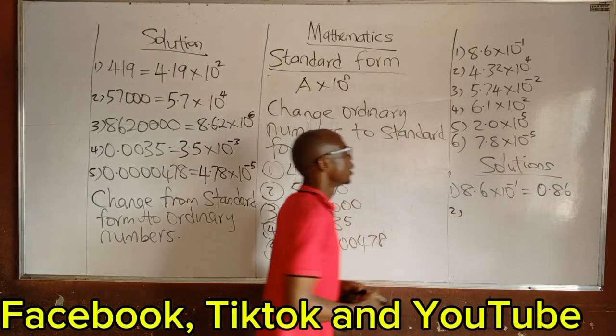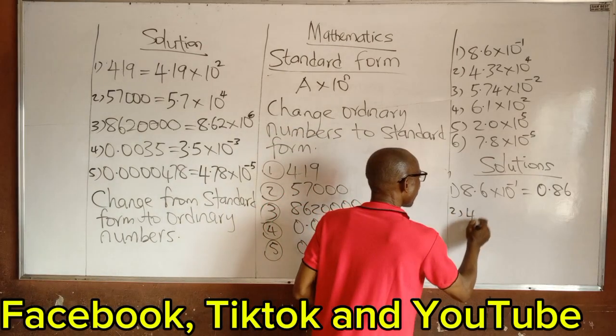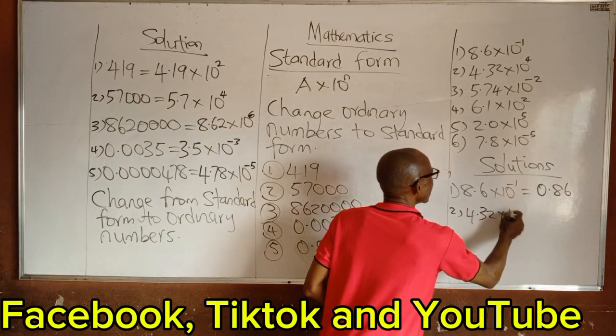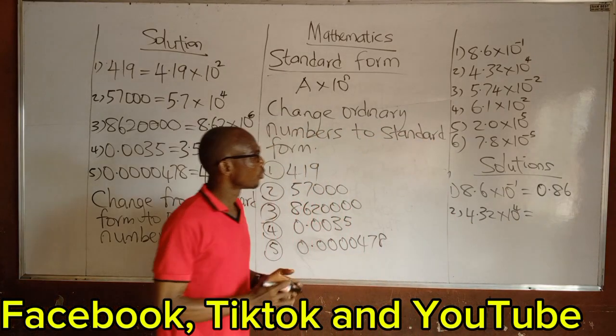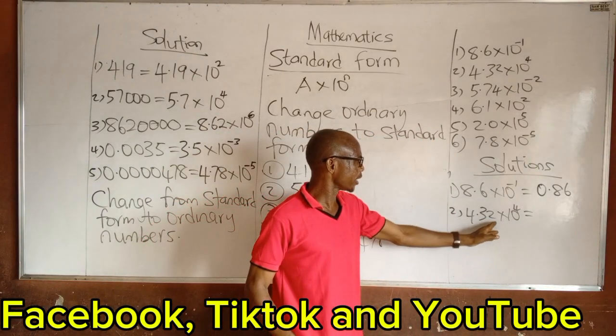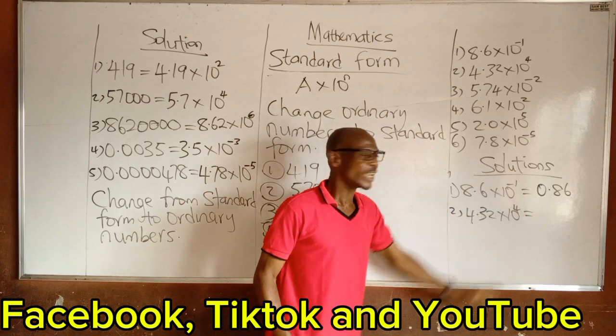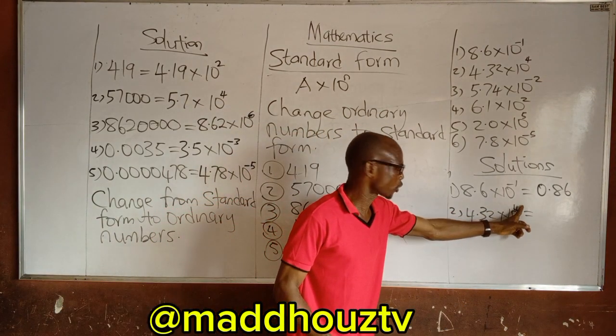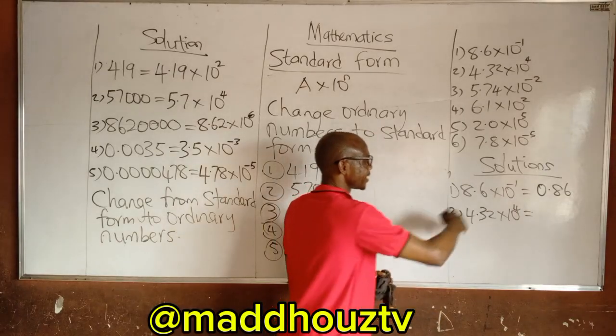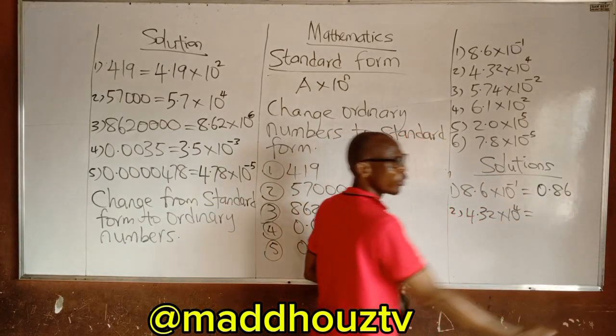0.86. Number 2, we have 4.32 times 10 raised to power 4. We want to write 4.32 times 10 raised to power 4 in ordinary value. When the power is positive, we take our decimal to the right.